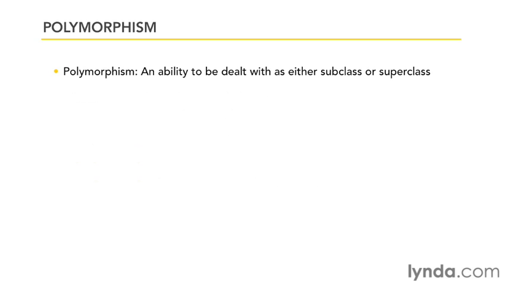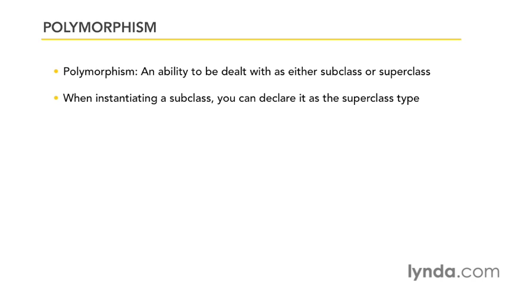Polymorphism means that when there's an inheritance relationship between a superclass and a subclass, you can deal with an object that's instantiated from the subclass either as its native type, the subclass, or as its inherited or extended type, the superclass. To do this, you declare the object, and instead of declaring the native data type, you declare the superclass type.